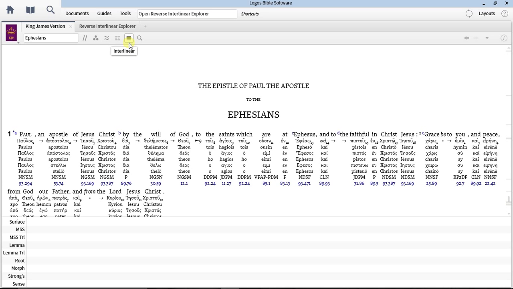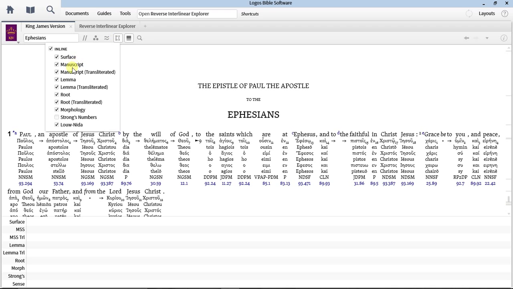Okay, yes, interlinear at the bottom. But this has it in reverse here at the top. So you have the actual text or the surface, and then you have the manuscript, and then you have the transliteration, all of which you've set up and chosen here.